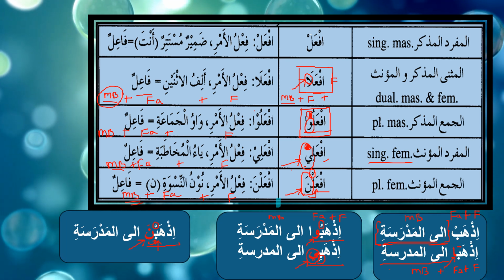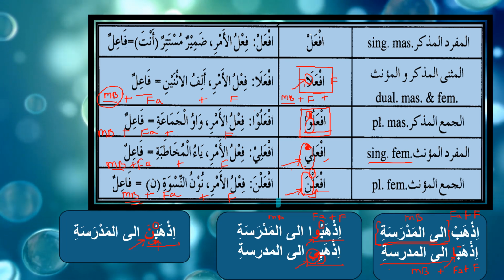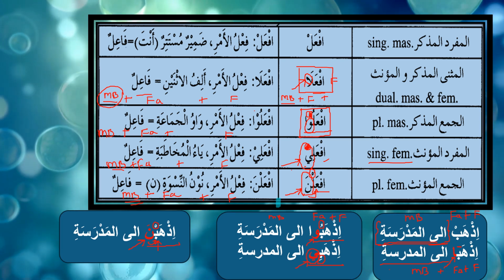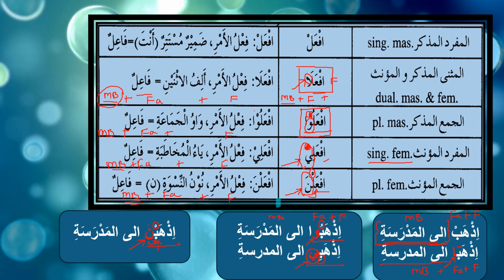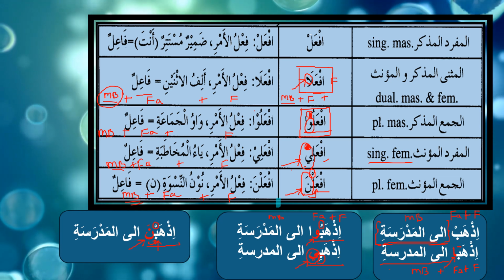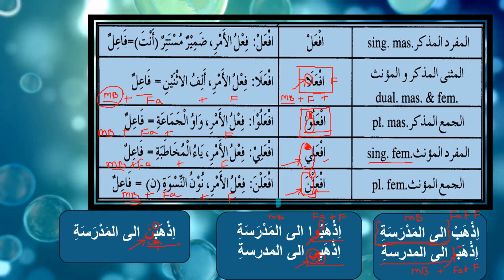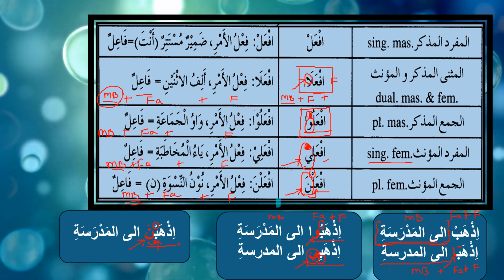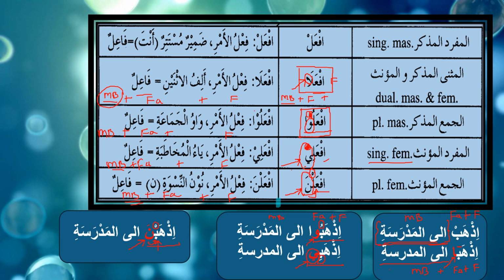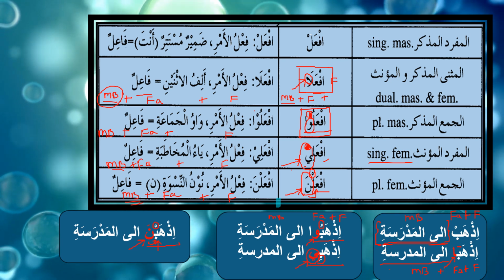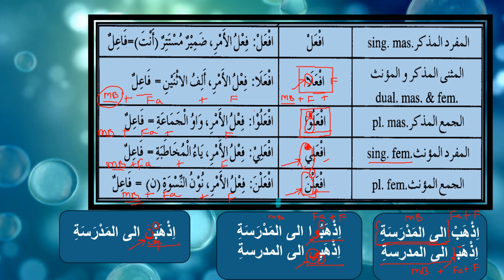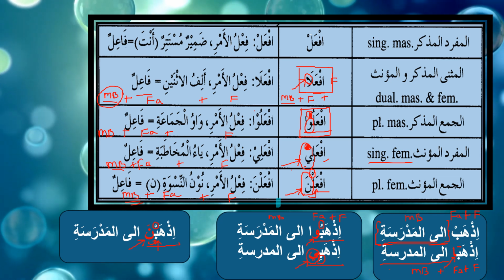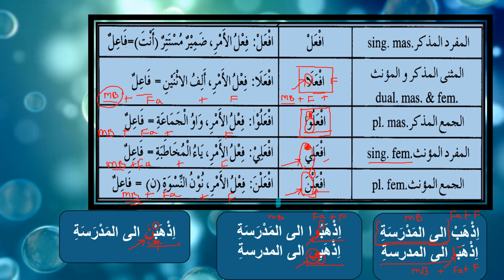That's why idhab comes back in its original form with the sukoon on the last letter. Seeing the damir noon al-niswa, you know that this command is for the feminine plural. Idhabna ilal madrasati: I'm commanding a group of female students to go to the school. So this is how the command works for the male and female singular, and then the duals, and then the plurals of male and female.